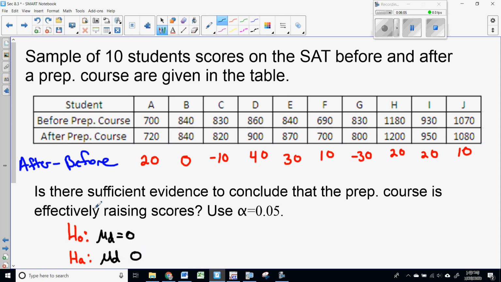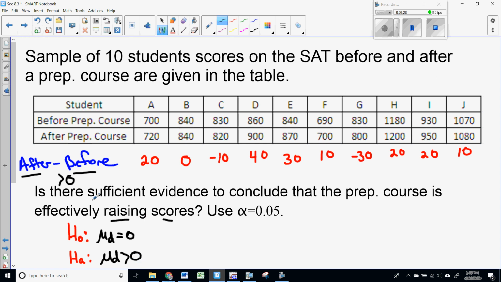So if we look at this example, we're looking at the prep course, and we want to see, is it effective at raising the scores? So if I take after minus before, we're trying to see, did the scores go up? So this should be greater than 0. My difference should be greater than 0.